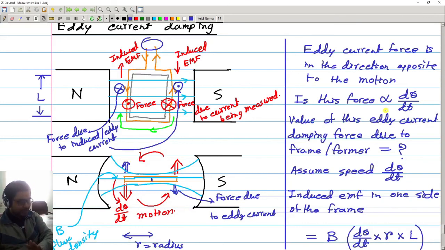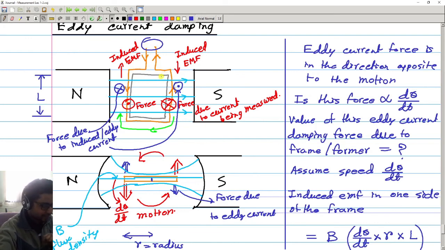His question was, there is an induced current in the coil also, and that will superimpose on top of the original current, and therefore we will be actually measuring not the original current but the sum of these two currents, right? That was your point? Yes, sir, exactly. Okay, very good.